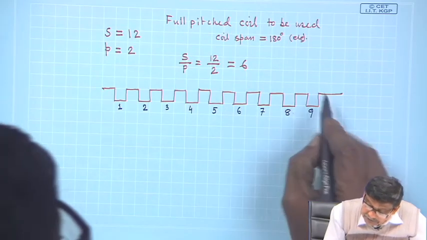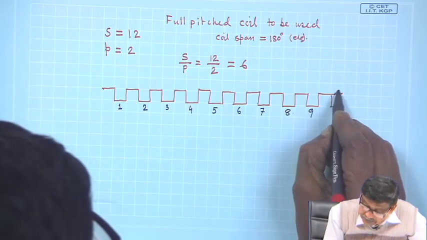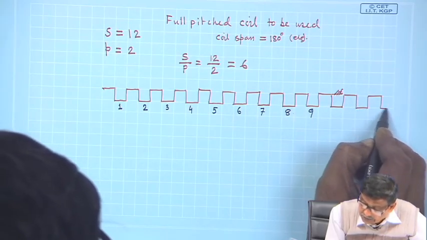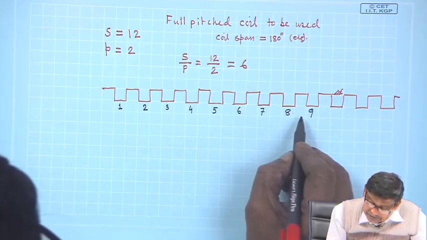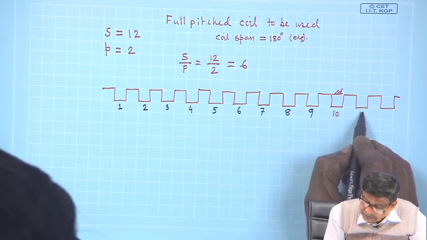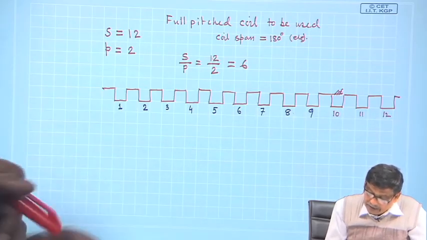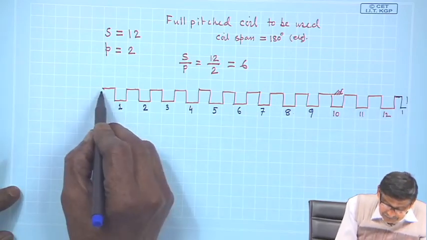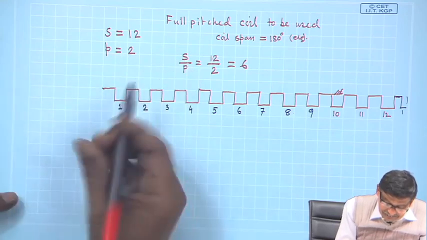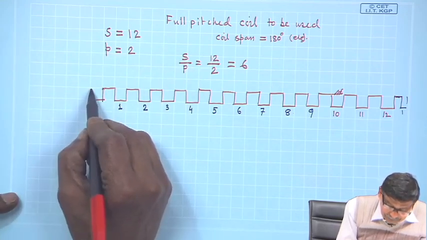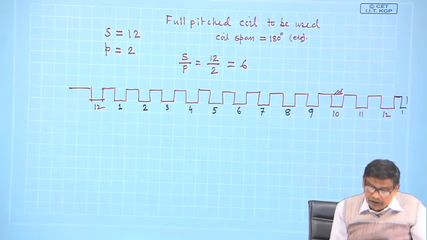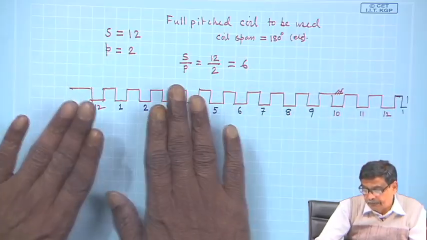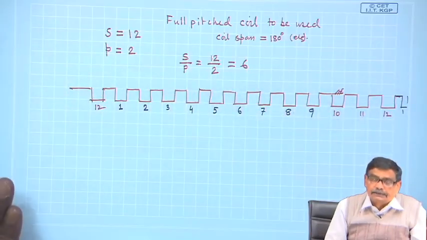Okay, let me draw further. Forgive me. It goes like this. So, 8, 9, 10, 11, 12, and after that once again it will be 1, and in fact, before this it was 12, because the circular thing I have unwrapped and put on a plain paper like this.